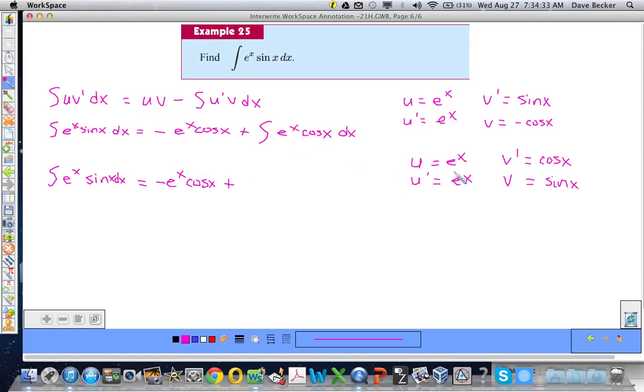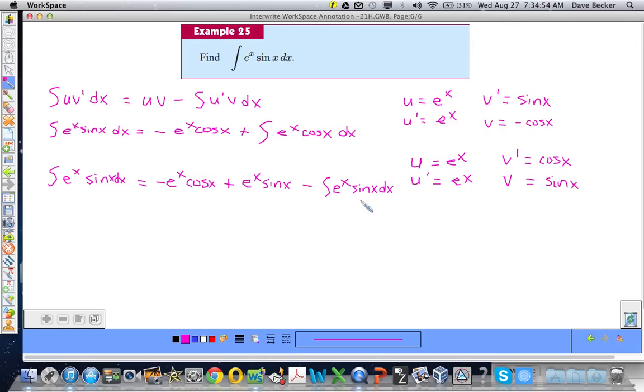So that would be e to the x sine x minus the integral of u prime v, so that would be e to the x sine x dx. And we're right back where we started.